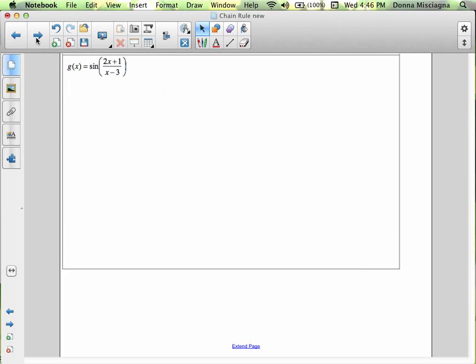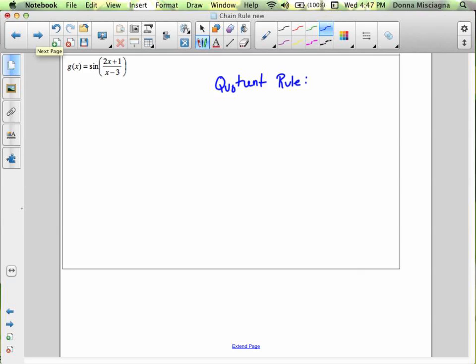All right, so we have a composite here, but the inside function is a quotient rule. So as a reminder, the quotient rule, if you've got u divided by v, it's going to be v times u prime minus u times v prime, I hope my u's and v's look different, divided by v squared.